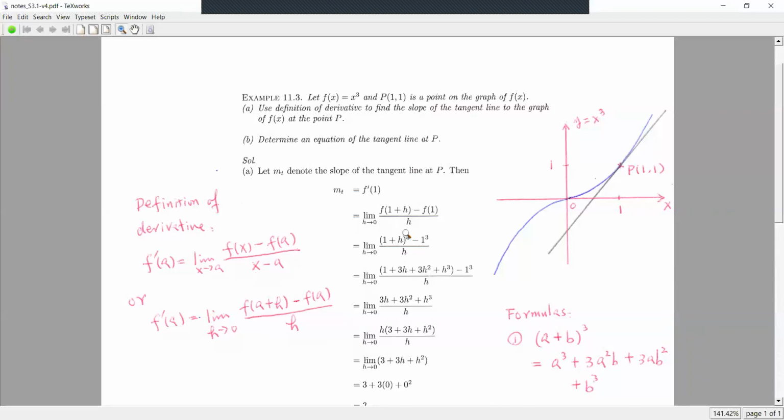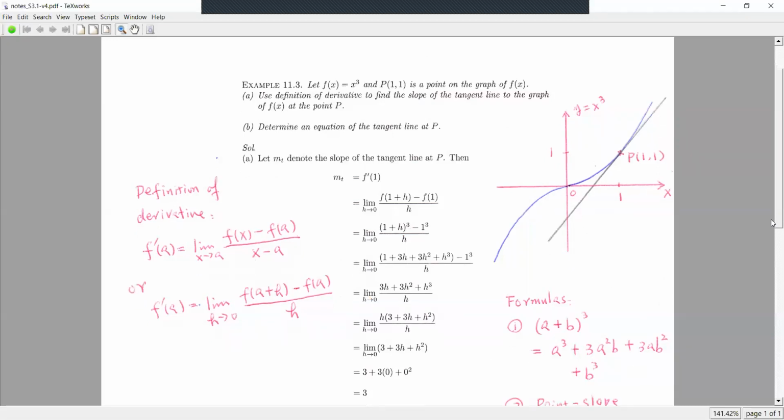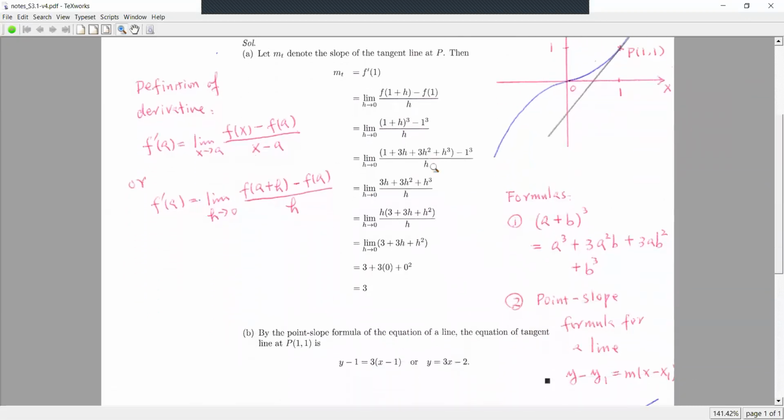I expand this power (1 plus h) to the third by this formula. Then I have this equation. Now simplify the numerator. I can see that I can cancel 1. Then I have this equation.